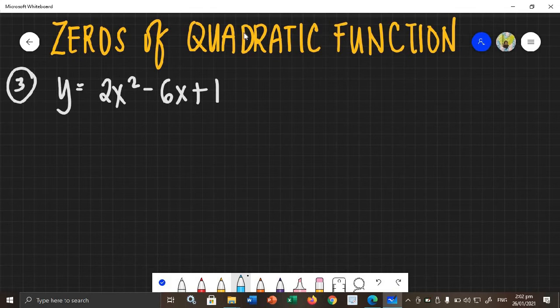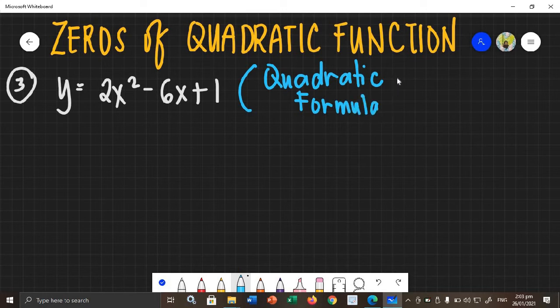In this case, mas comfortable gamitin yung quadratic formula kasi medyo tricky yung rules dun sa completing the square. Actually, kahit ako hindi ko masyado ginagamit yung completing the square. If the given will be like this, diretso na ako sa quadratic formula. So, gamitin natin yung quadratic formula natin.